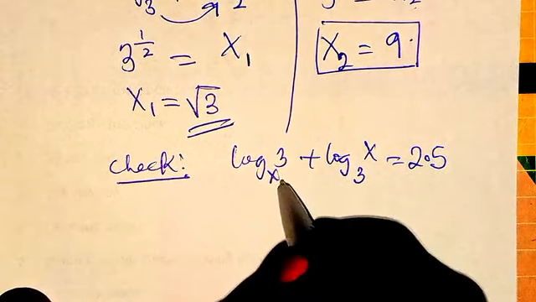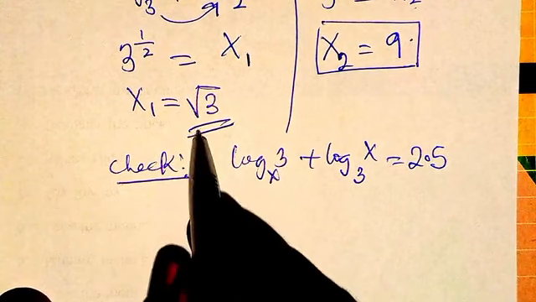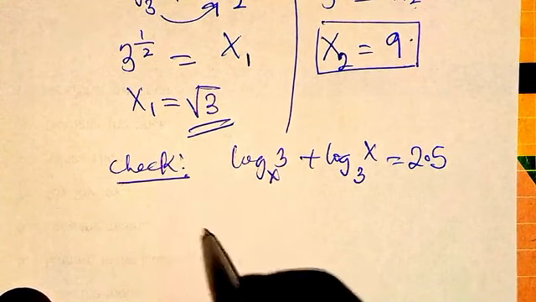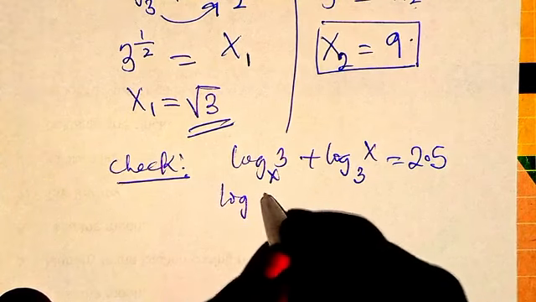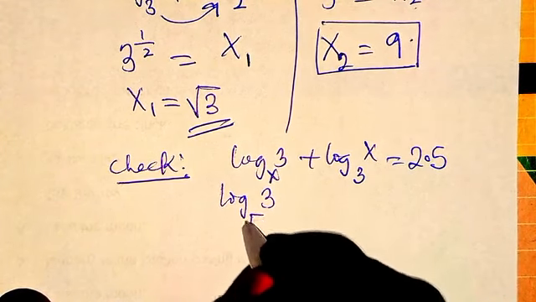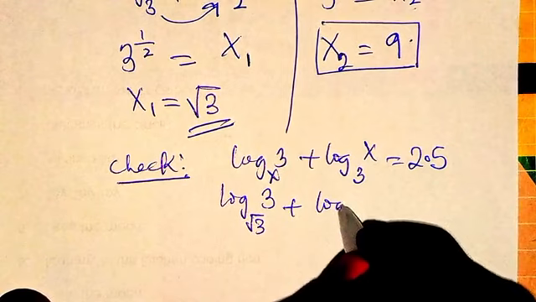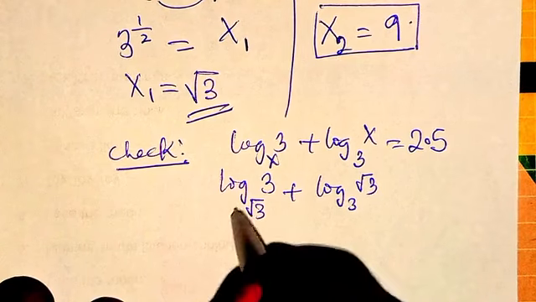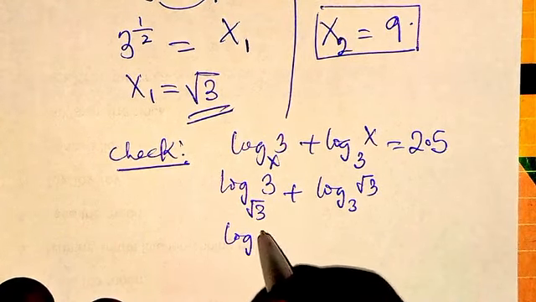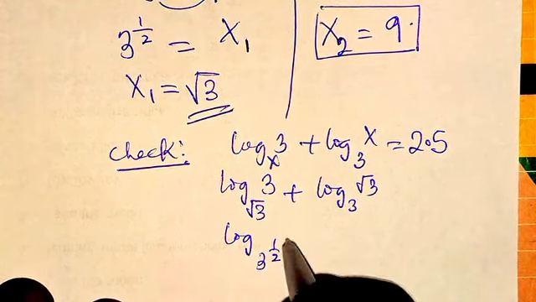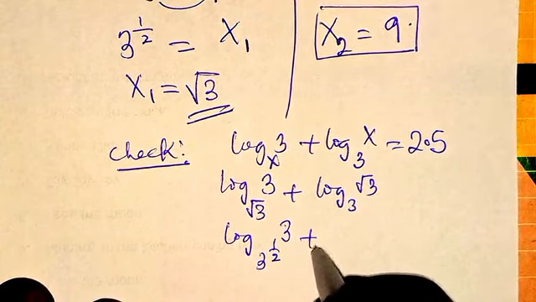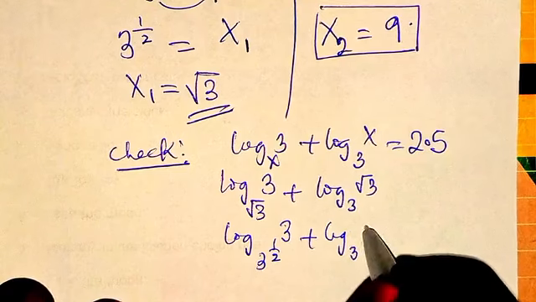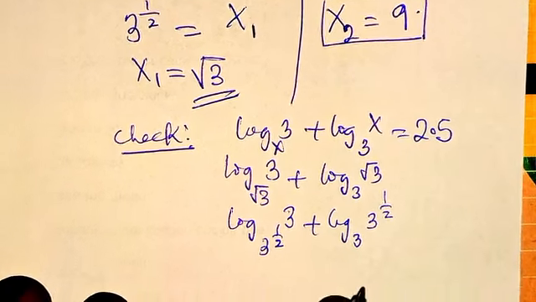So now from there, we got x to be root 3. Log base 3 of root 3, plus log base root 3 of 3. So what are we going to do? We can rewrite root 3 as 3 to the power 1 over 2, so we have log base 3 of 3 to the power 1 over 2, plus log base 3 to the power 1 over 2 of 3.